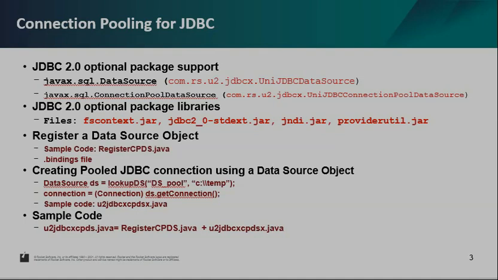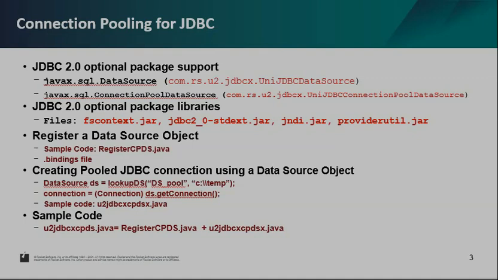Inside the sample code, first you need to register a data source, and you will create the objects. Basically, you will create a hidden file called .bindings in your system. You can specify where.